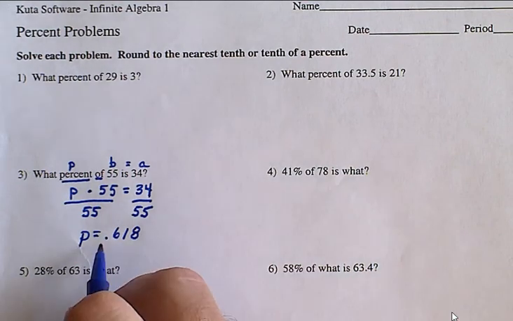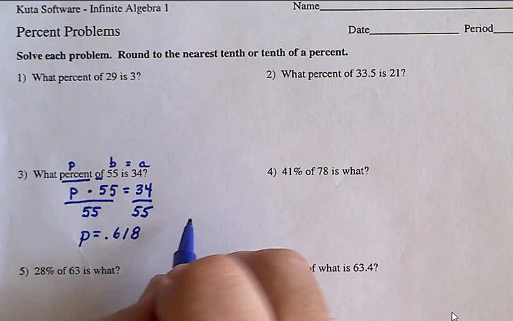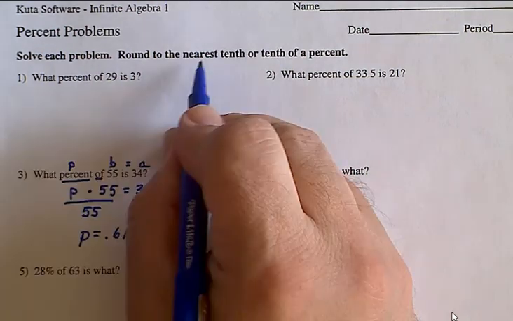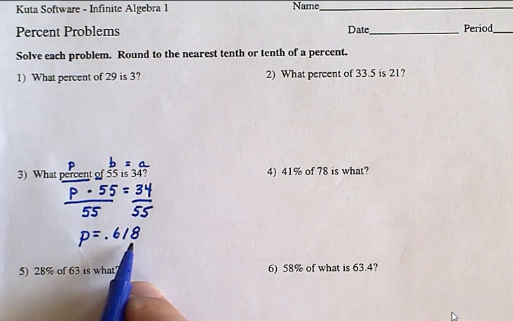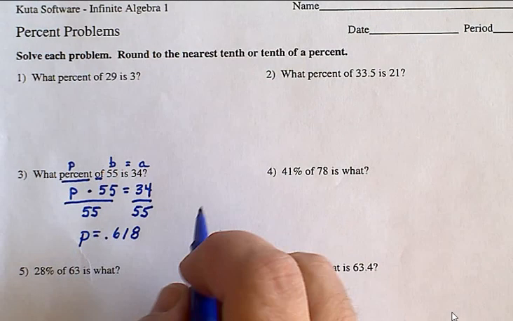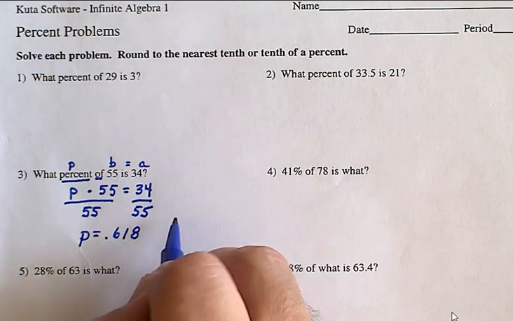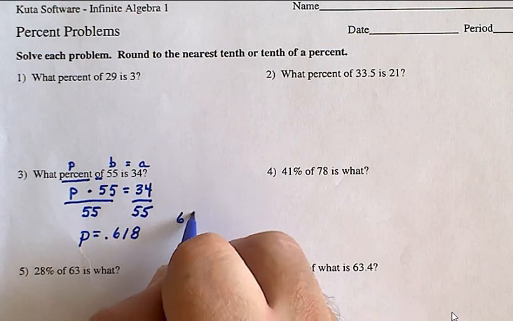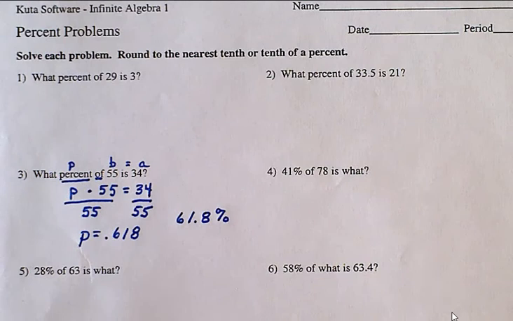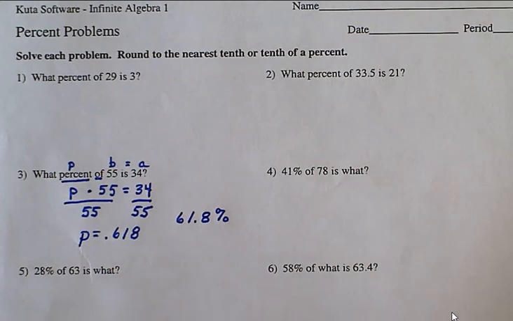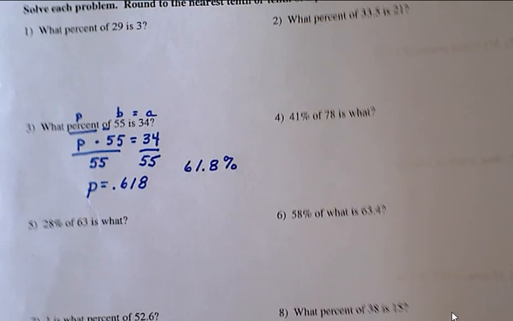I need to move it 2 places to the right, and they say they want the nearest tenth. So to the nearest tenth means I need to go 3 decimal places before, and that's what I did. So this becomes 61.8%. Okay, let's go down to number 10.